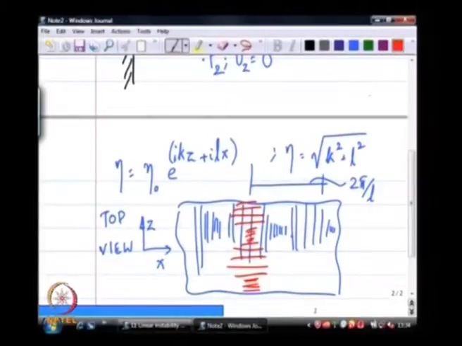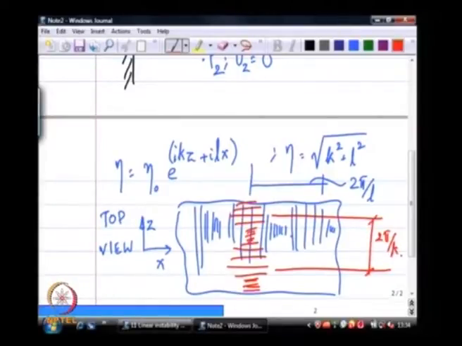Now, in this direction, this is intended to give you something like 2 pi over k. Okay.